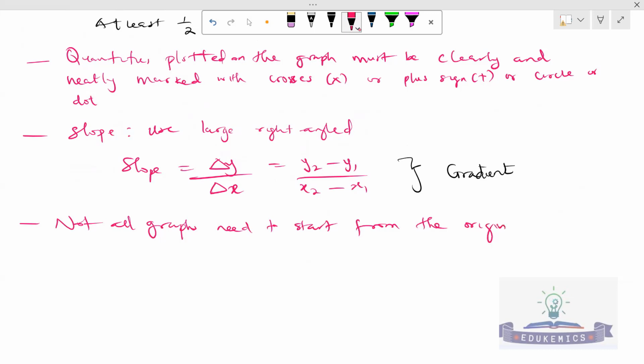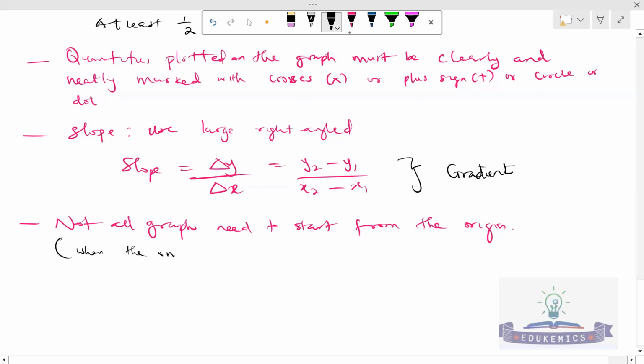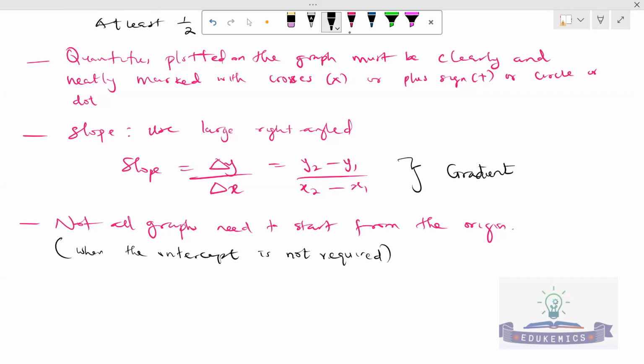This is when the intercept is not required. If the intercept is not required, you don't need to start the graph from the origin.